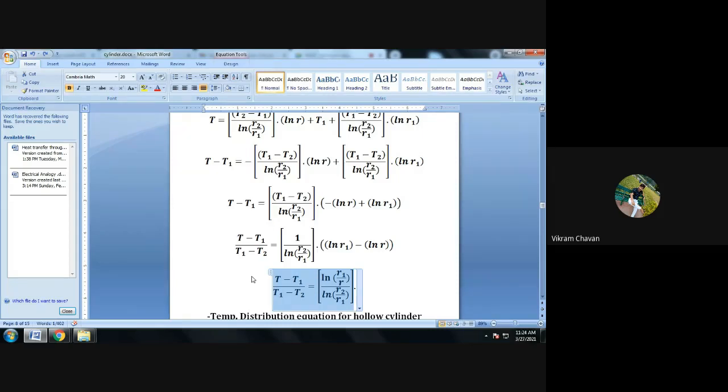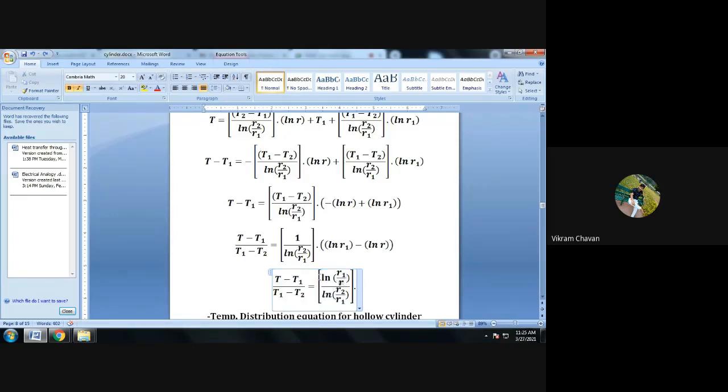Consider that the internal radius is 10 centimeter, the external radius is 20 centimeter, and you want to find the temperature at 12 centimeter radius, or at 15 centimeter radius, or at 19 centimeter radius. Then it will be easy using this equation.